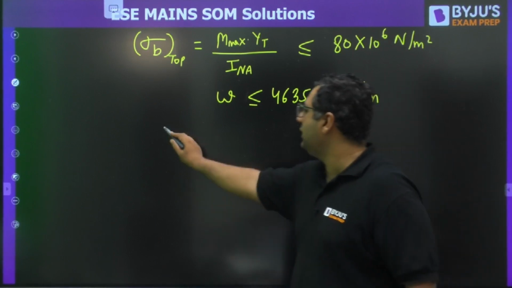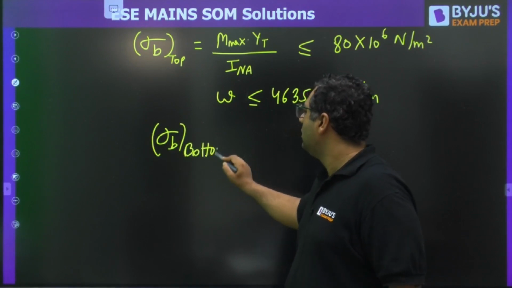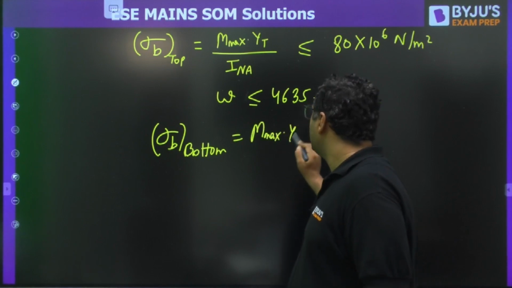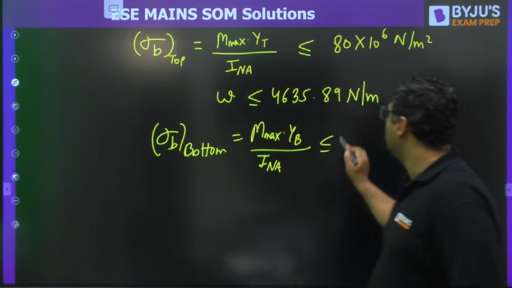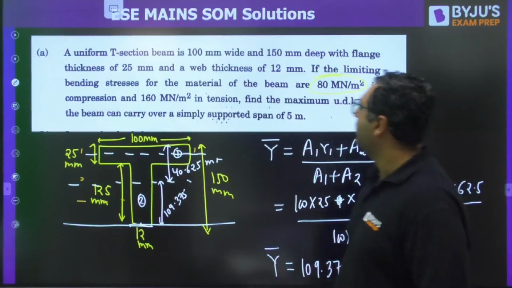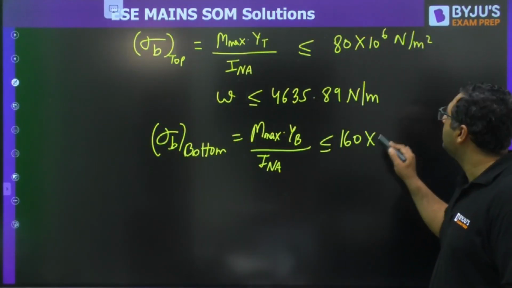And similarly, when you go for sigma B bottom, it will be M max into Y bottom upon INA. This is given actually. In compression it is 80, in tension it is 160. So we are keeping the same.